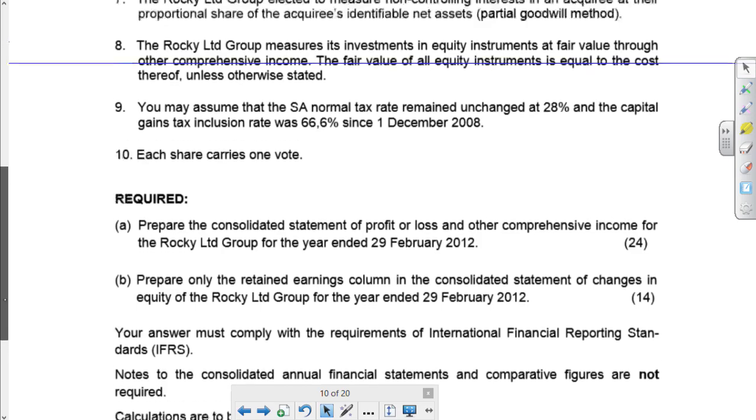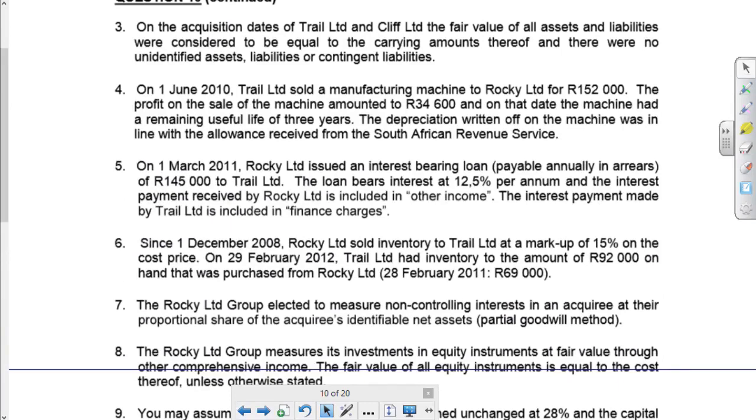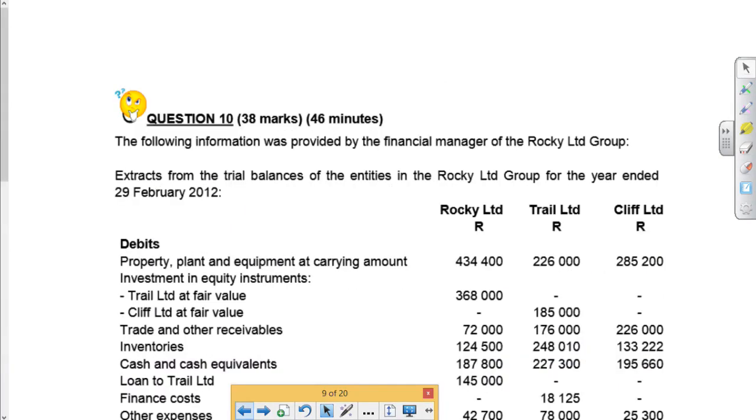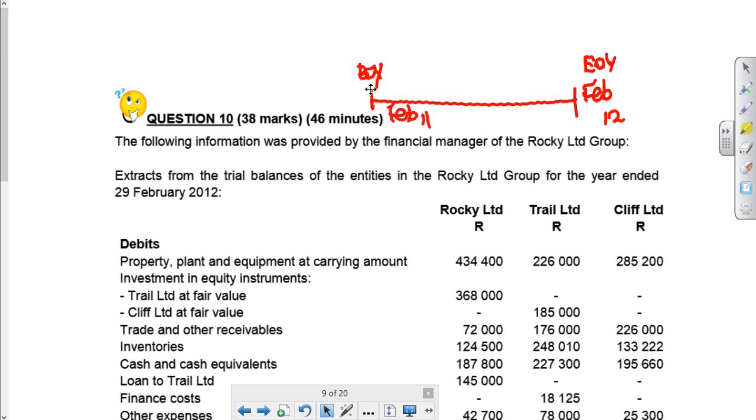All right, then my next step is to try and draw a group structure and understand my year ends. So I can see from here that my year end is Feb 12, so the beginning of the year was Feb 11. That's just so that when I see transactions I know where they occurred in relation to my year end. Then my next thing is to draw a group structure.